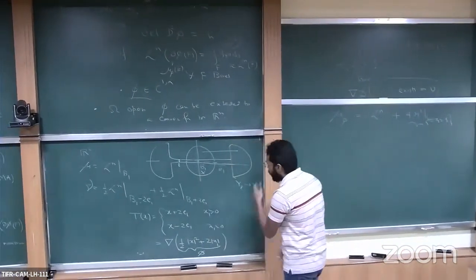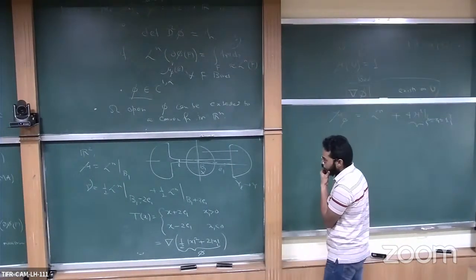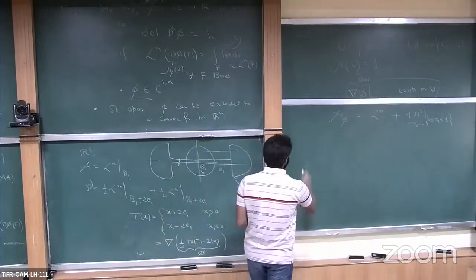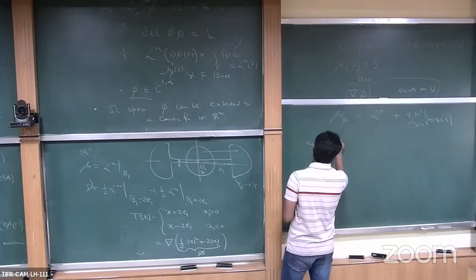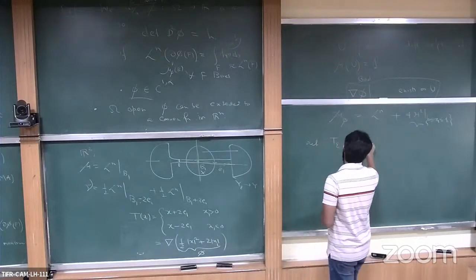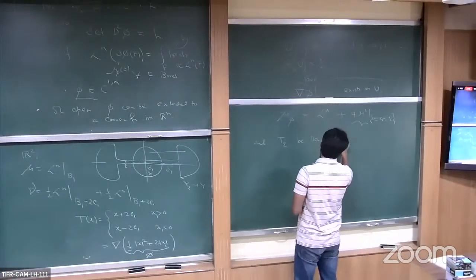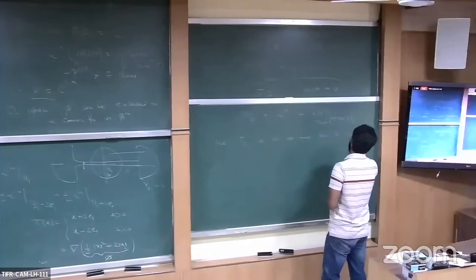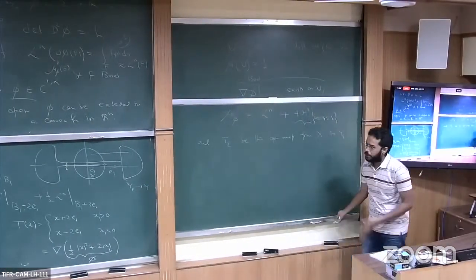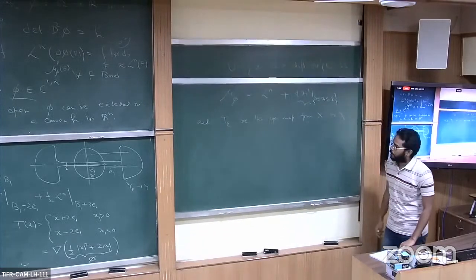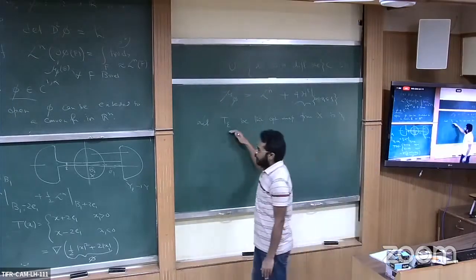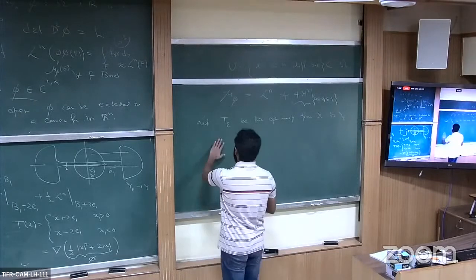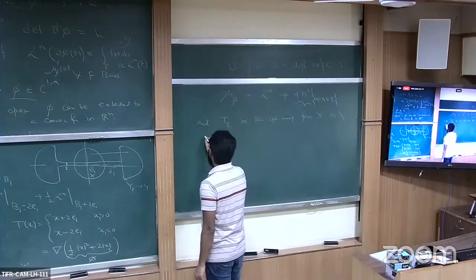It relies on something called the stability of the map. Let me denote that T epsilon is the optimal map from X to Y epsilon.